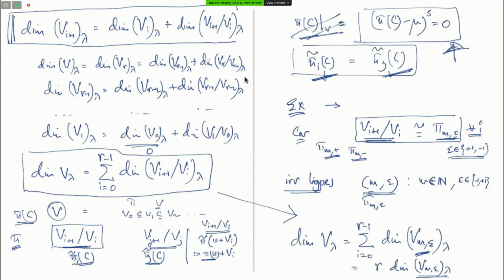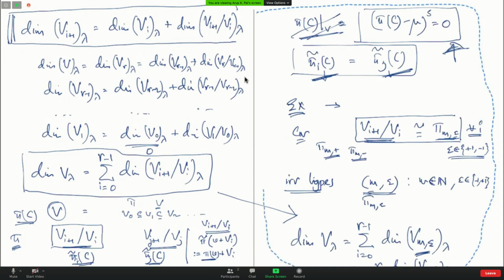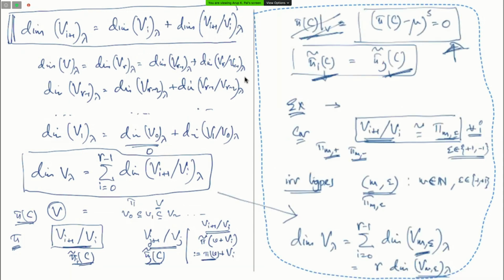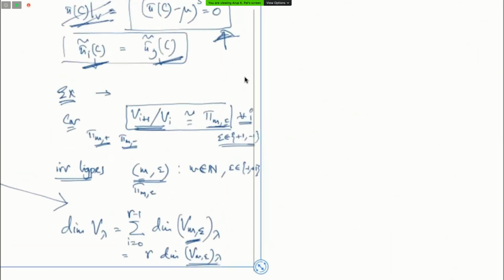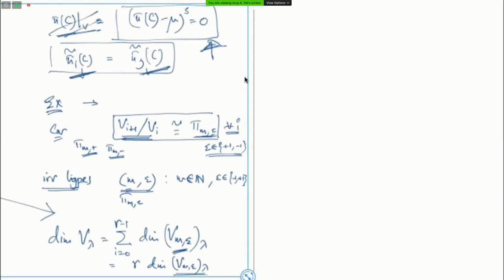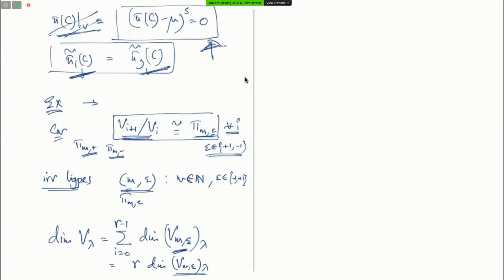So next page. Okay. So now take the type of irreducibles that we have, π_{m,ε}.